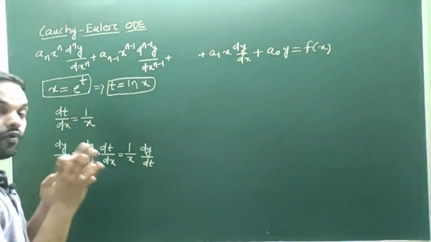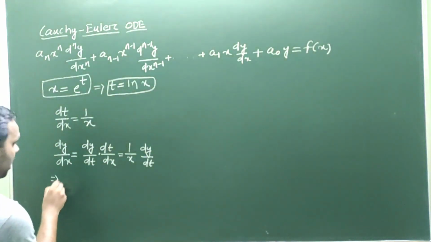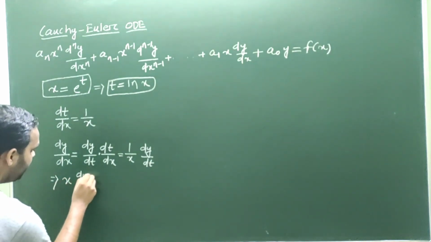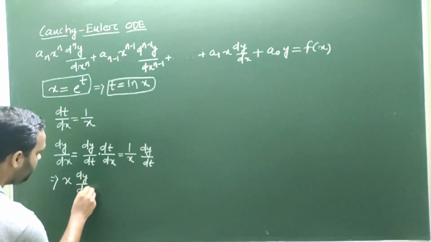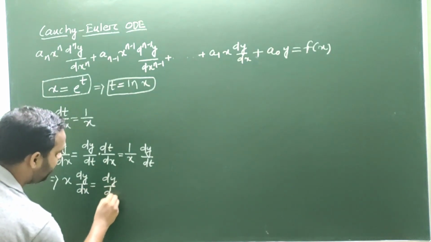Just keep your focus. You will get it in one time. Now take this x and multiply here. x dy by dx will be equal to dy by dt.